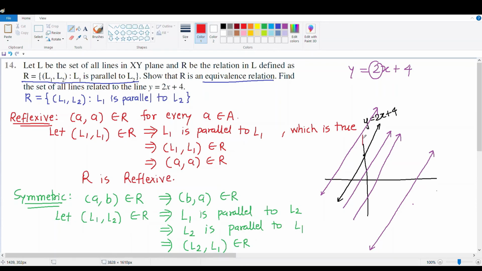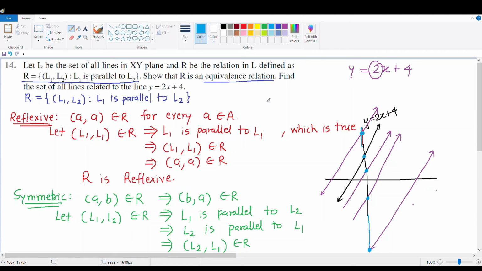Look at here. If I extend this, then this is the y-intercept. Here, this is the y-intercept. Here, this is the y-intercept. If I extend again, then this is the intercept here. So everywhere slope is same, just the y-intercepts are different. So that means the set of those lines.